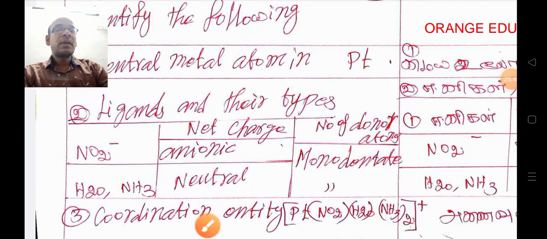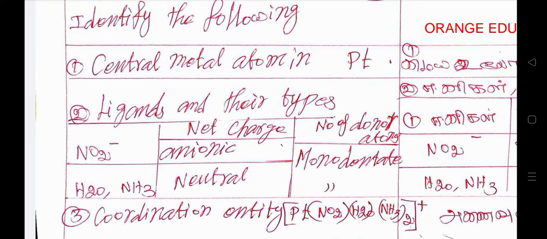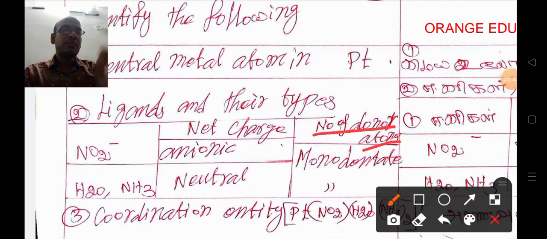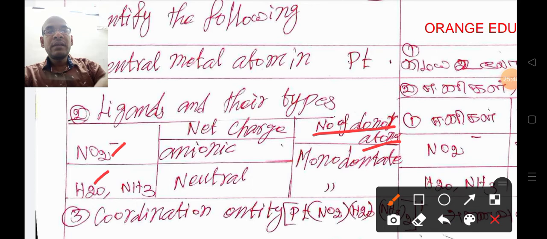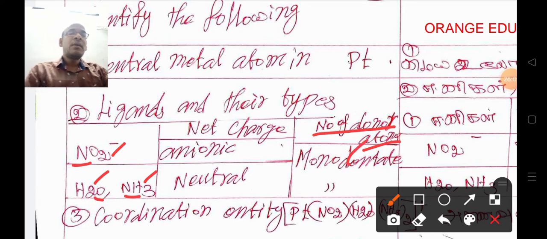Types of ligands based on the number of donor atoms. These three ligands are monodentate ligands, that is, each ligand has one donor atom. Therefore, these ligands are monodentate based on the number of donor atoms.